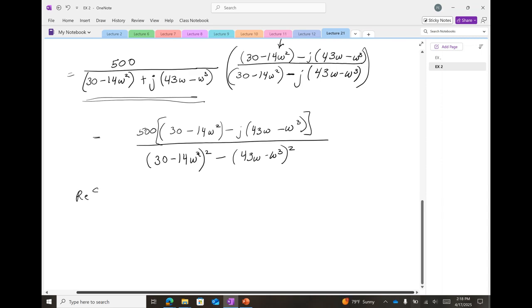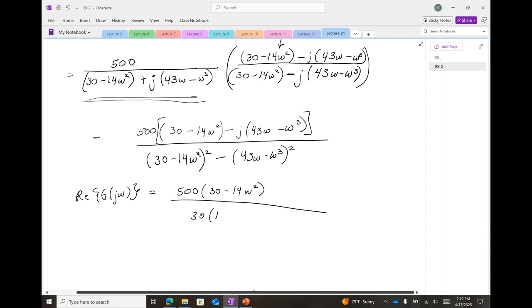So the real part of g of j omega is going to be equal to 500 times 30 minus 14 omega squared, all divided by our denominator. So this is 30 minus 14 omega squared quantity squared minus 43 omega minus omega cubed quantity squared.